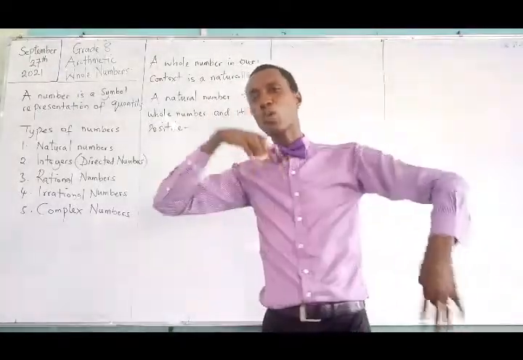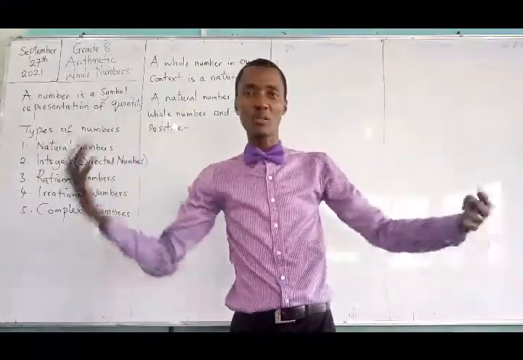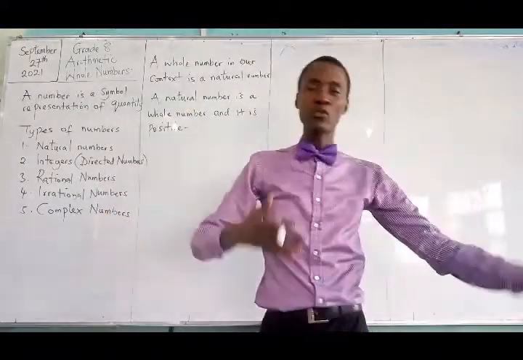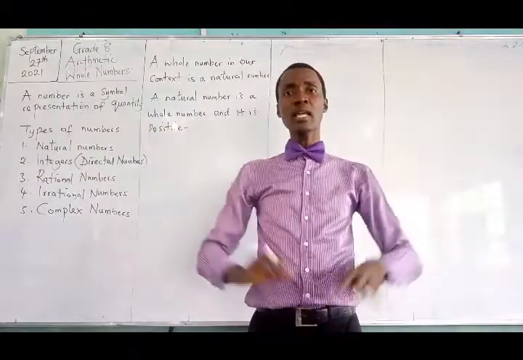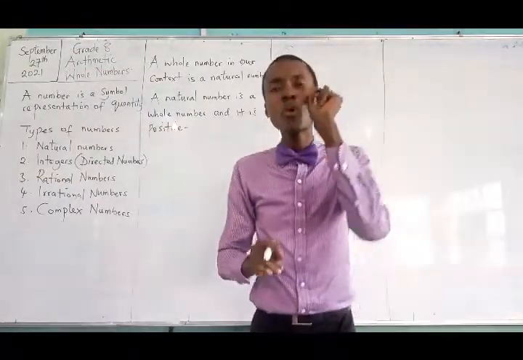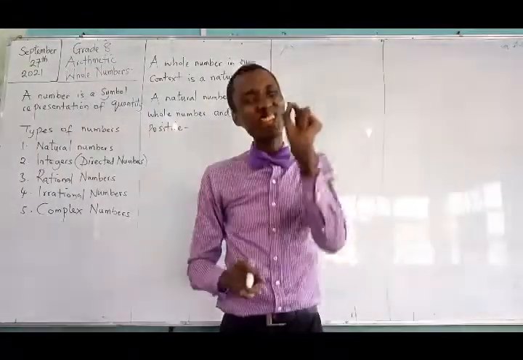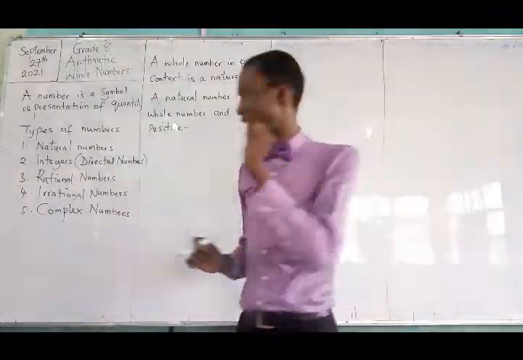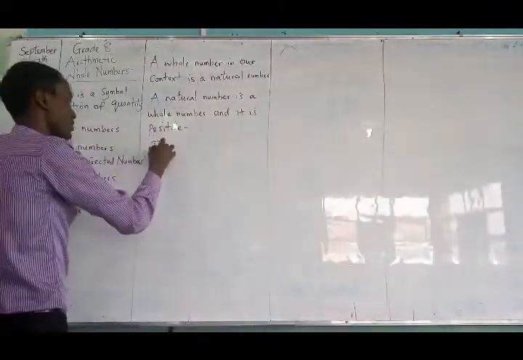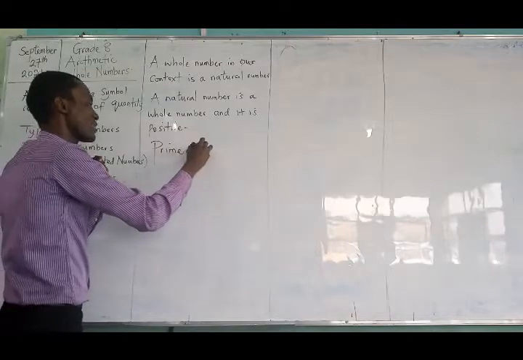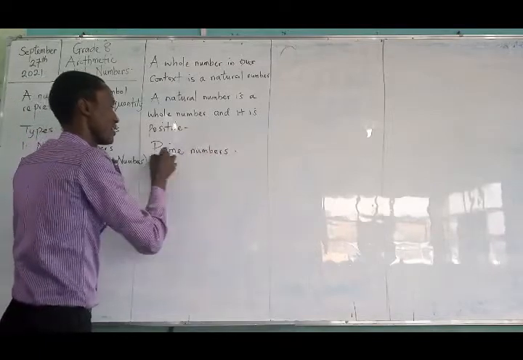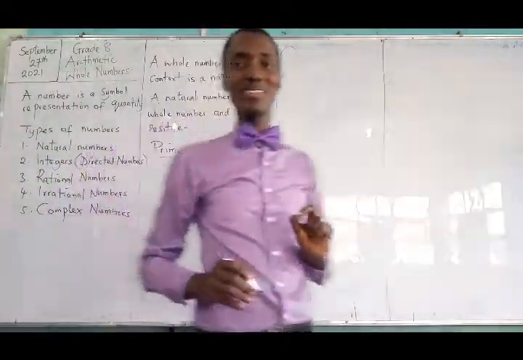Now we're going to be exploring different aspects of whole numbers or natural numbers, if you choose to call them that. The first and the most important natural number type we want to look at is what I call the prime numbers.